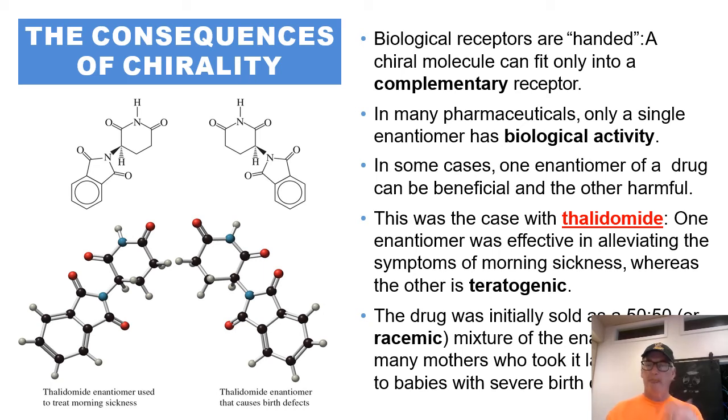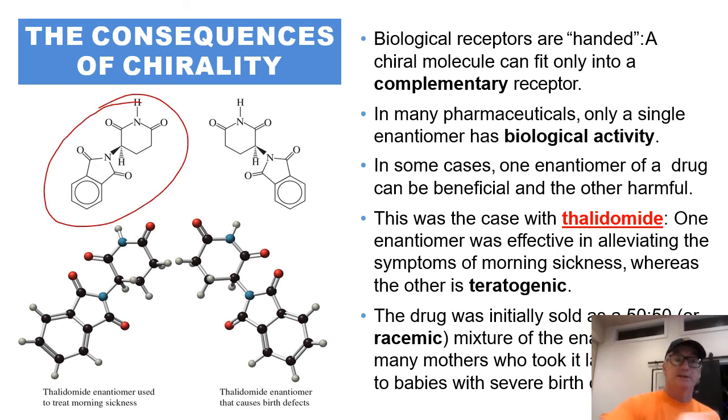And so a pharmaceutical company made this particular molecule, and it indeed did alleviate morning sickness. The problem was that it's a chiral molecule, and only one of the stereoisomers was used to treat morning sickness. That one was. The other stereoisomer caused birth defects.